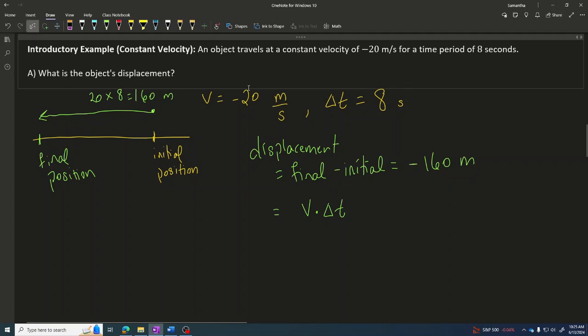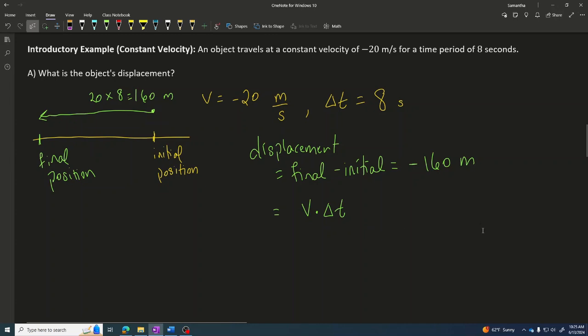Because if the object is moving backward, then the final position is behind the initial position. And likewise, if the object is moving forward, then the final position is in front of the initial position. So all of the signs match up. If you have negative velocity, you'll get a negative displacement. And if you have a positive velocity, you'll get a positive displacement.